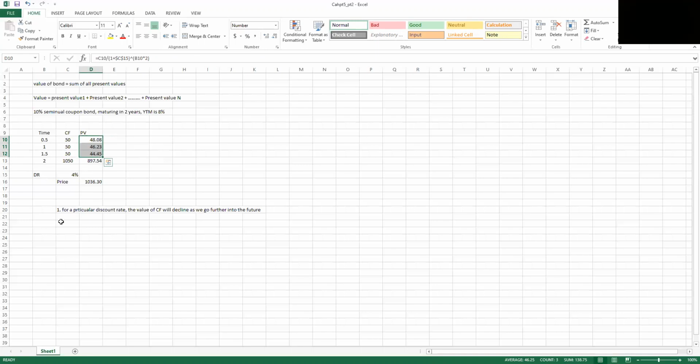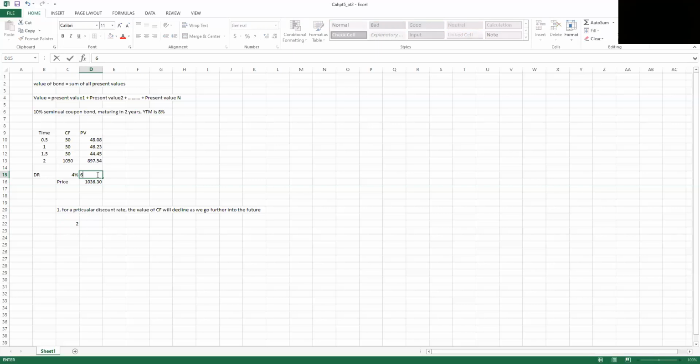The second important property is that, as we can see from the formula, the discount rate and the present value are negatively related. We calculated these present values at a rate of 8%. Let's see what will happen if we calculate it at 12%.